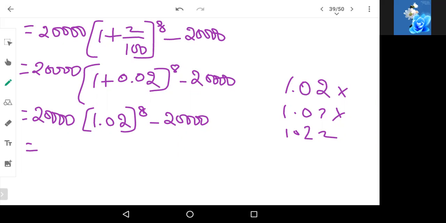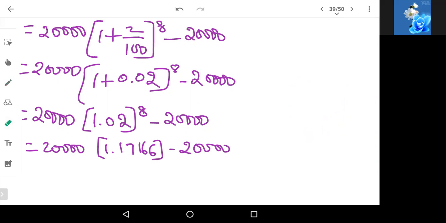You will be getting 20,000 into 1.17166 minus 20,000. If you multiply 1.02 8 times, you'll get 1.17166. Now 20,000 into 1.17166, you will be getting the value as 23,433.2.